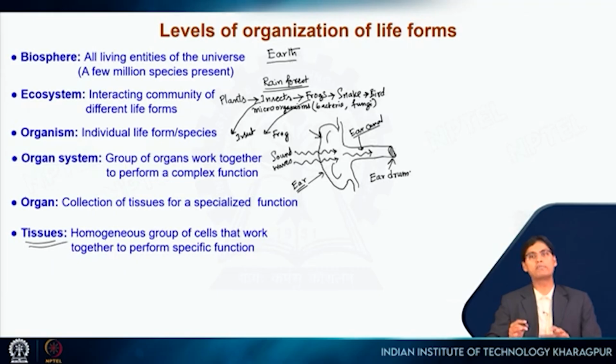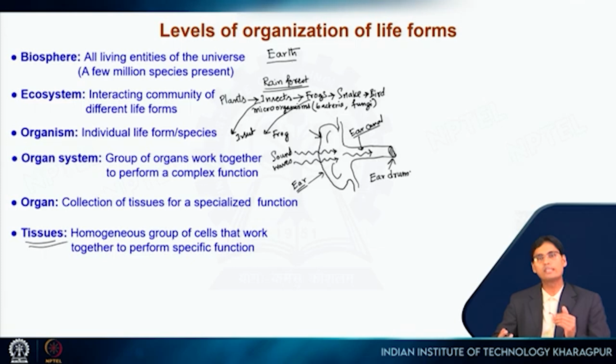It vibrates and makes some sound. Similarly, when the sound waves enter through this ear canal, they hit this eardrum, this membranous tissue. As a result, the eardrum vibrates, and that vibration goes through different parts of the ear present in the middle and inner ear, and accordingly everything happens properly and we can hear.